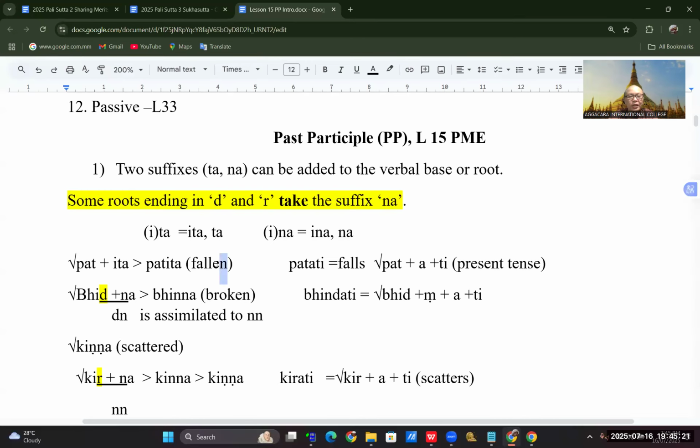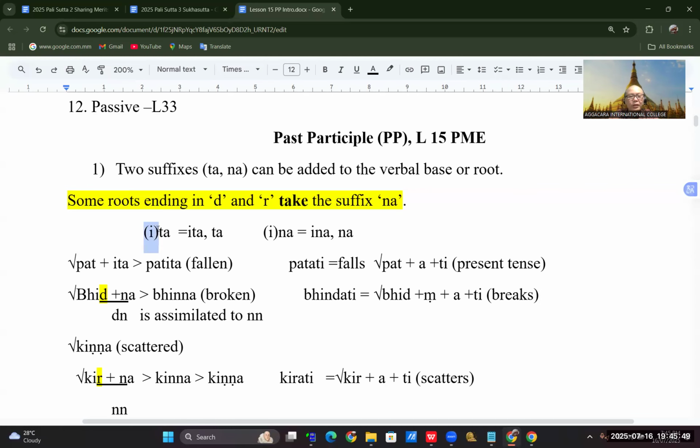So like just now, patita is 'fallen', and here it will be 'broken', all right? Fallen, broken. The meaning of bhindati is 'breaks'. So in the present tense, you can see how the present tense is linked with the past participle. Anyway, here just recognize ta or ita, na or ina.